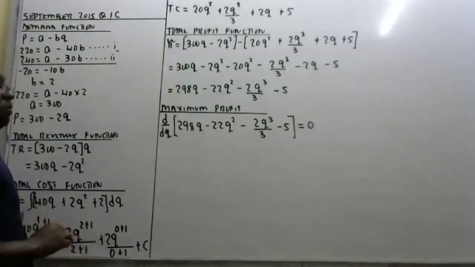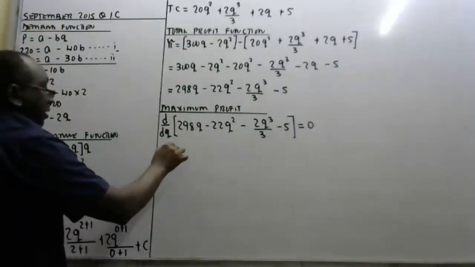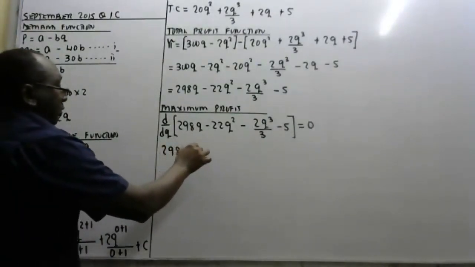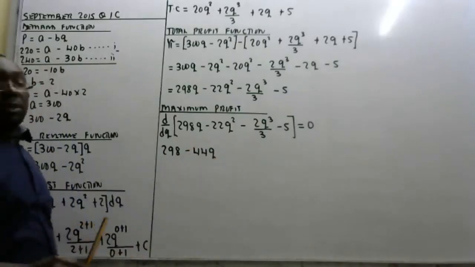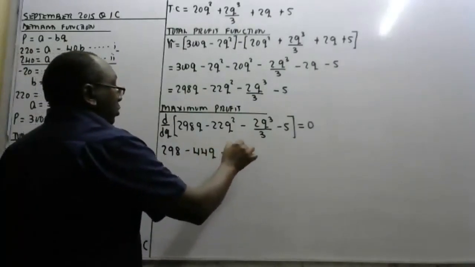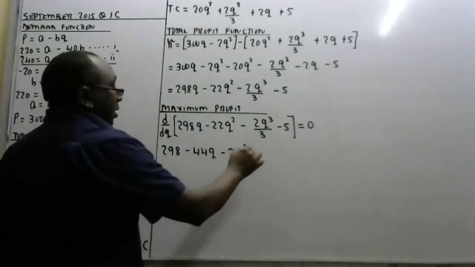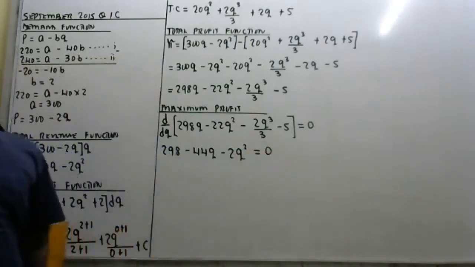So let's open those brackets. We will get 298 minus 44Q minus 2Q squared should be equal to 0.